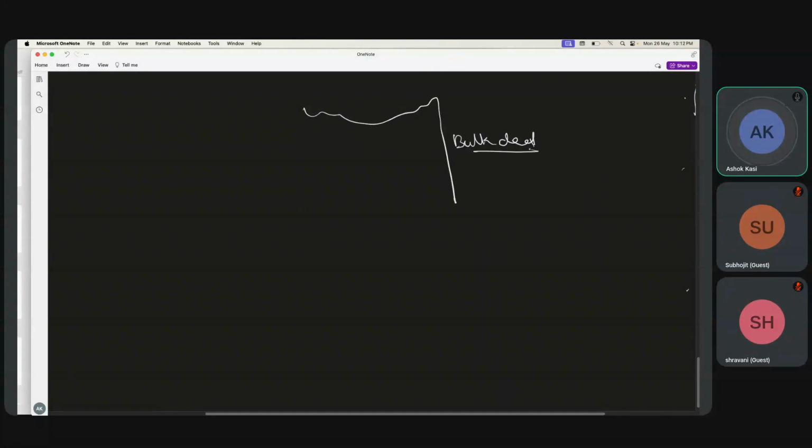Okay, bulk deal. Now what is block deal? A bulk deal is happening through the stock exchange.